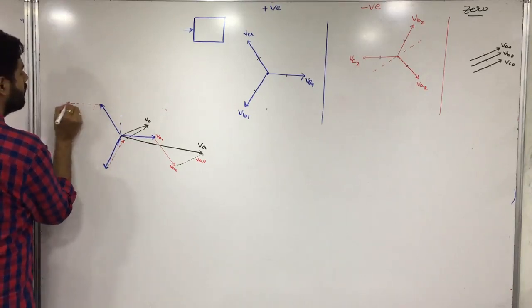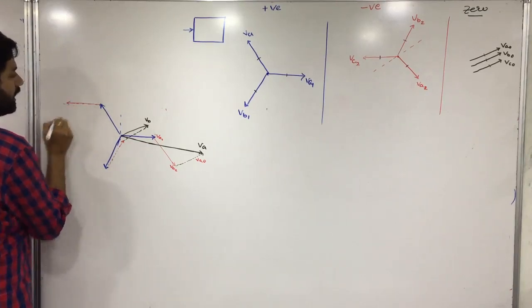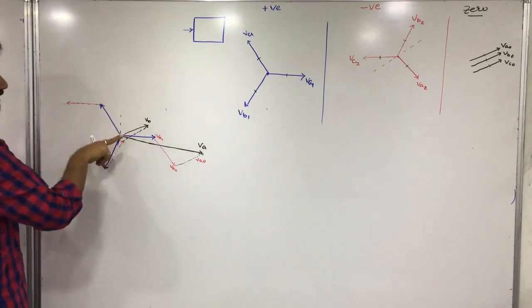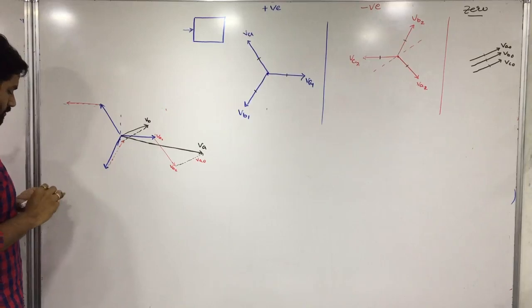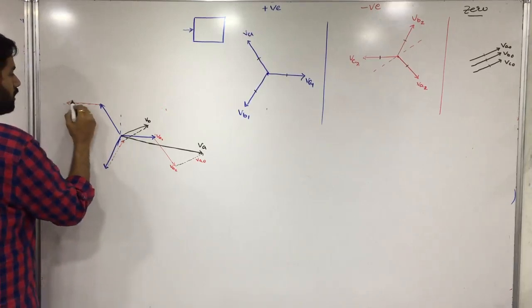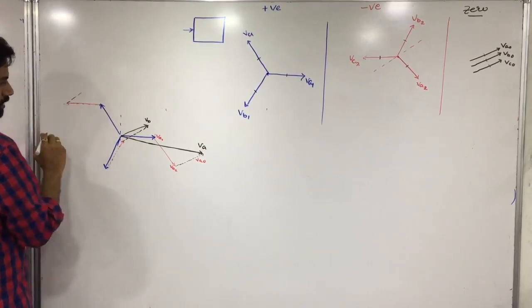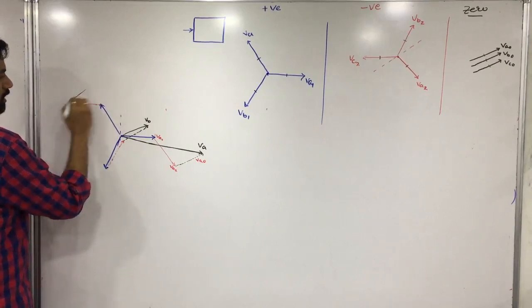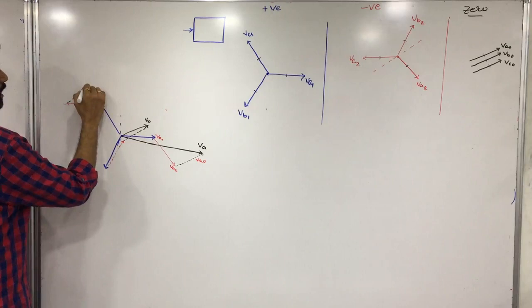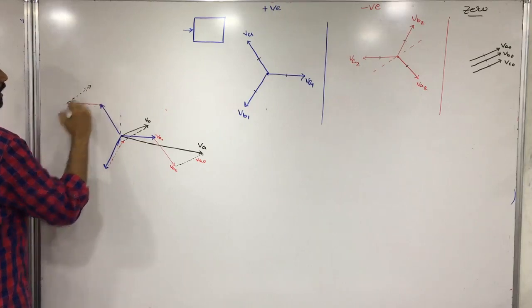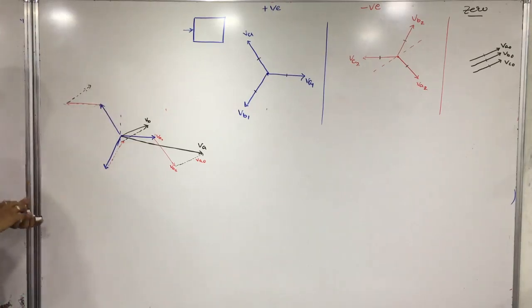This is VC2. Clear? And VC0 is like this, parallel to this. Clear? Fine.